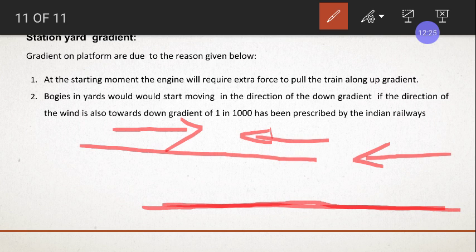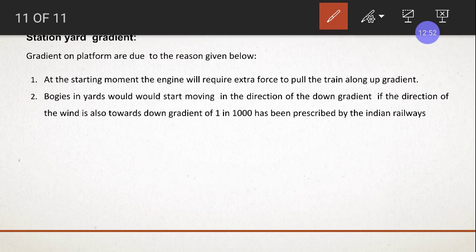And also we provide this small gradient because during the rainy season, water should not accumulate on your tracks or permanent way. It should easily flow into the drains and there should not be any waterlogging on the tracks. So for that, you provide a very nominal slope, that is 1 in 1000, right? It is 1 in 1000. It will help during starting and stopping the trains, right?